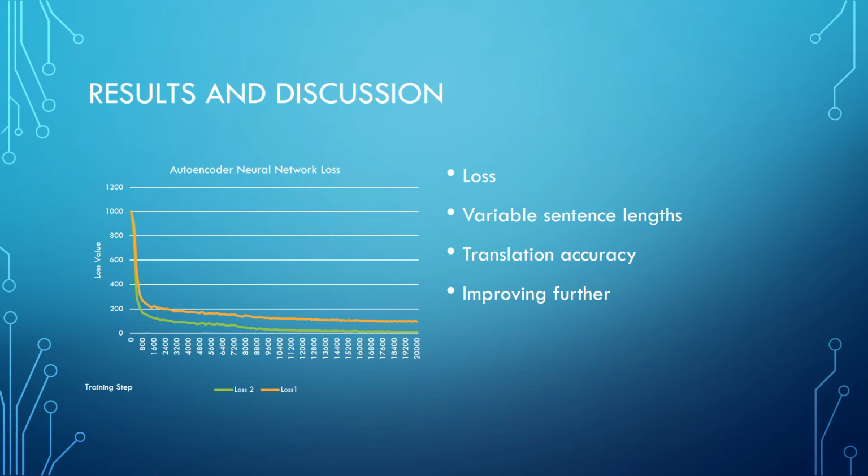The chart on the left shows the loss for both a common autoencoder network, shown here as the orange line, and the optimized autoencoder network that I created, depicted here as the green line, for 20,000 steps of training.